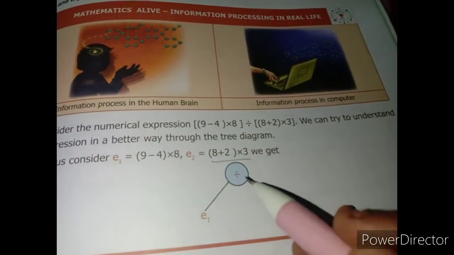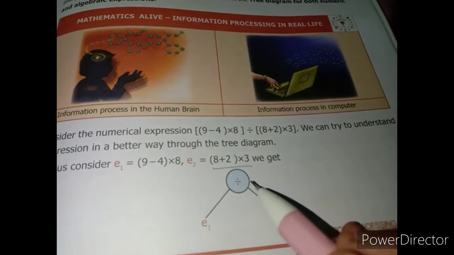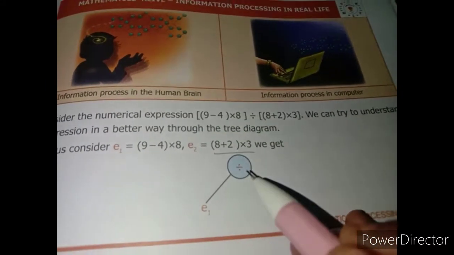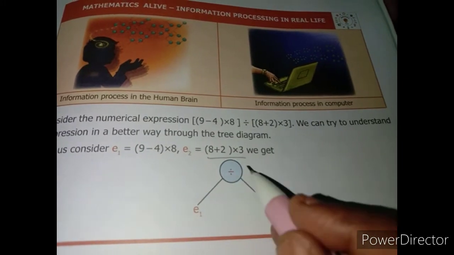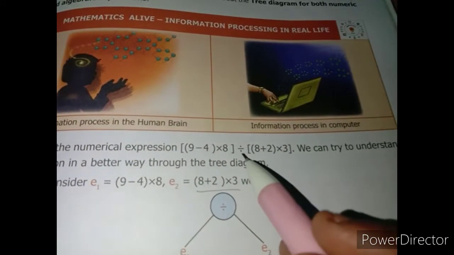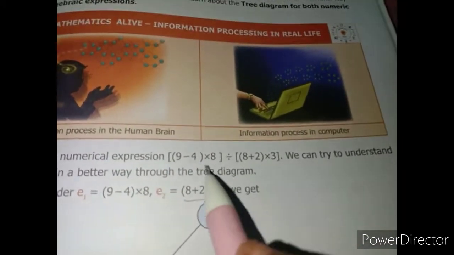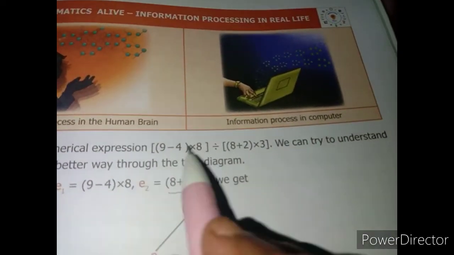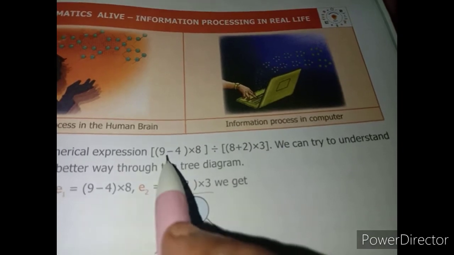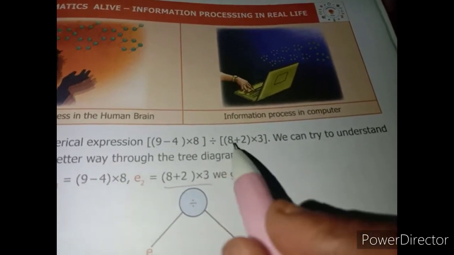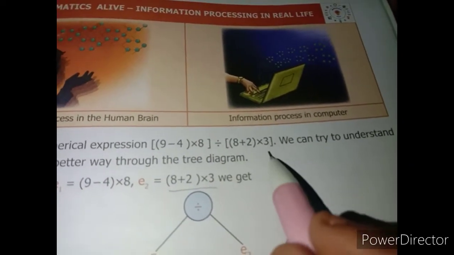In that we will be writing the numbers in the circle, but here we are going to write the operation, what type of operation we are performing. For example, if we are performing division, here it is division. See here, these two: 9 minus 4 into 8 divided by 8 plus 2 into 3.